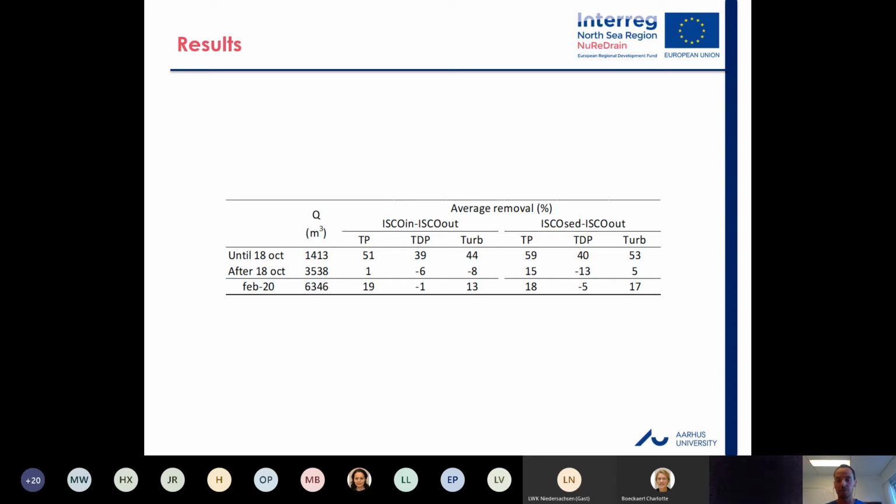To the right of the table, we see the results which show the effectiveness of the reactive filter. This data is calculated by using the data from the ISCO set and the ISCO out. We can see that initially the reactive filter worked pretty well, and this removal capacity later dropped.